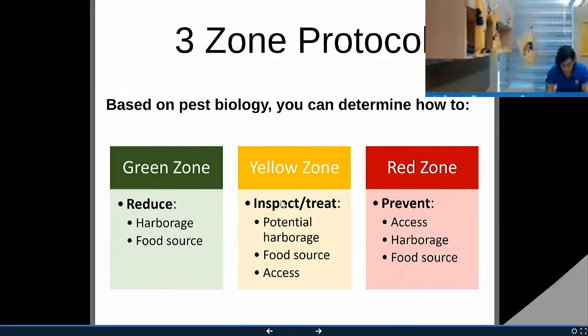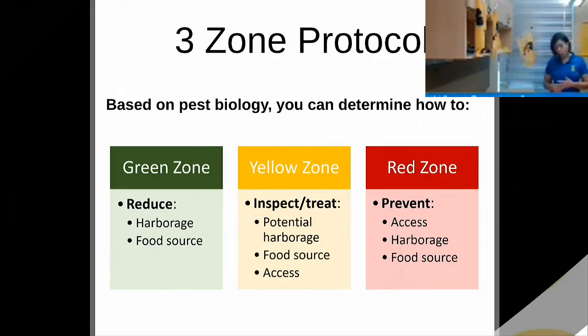Yellow zone, how to inspect and treat potential harborage, food source, access. We're going to talk about the biology, for example, of rodents, and the size of the holes, the size where they can pass through.